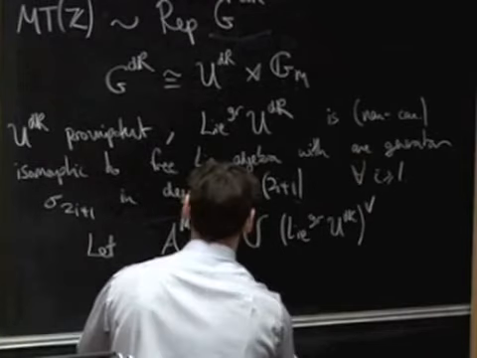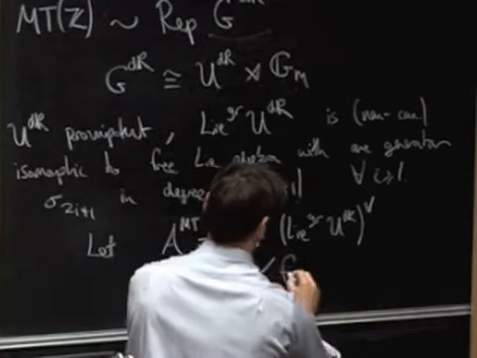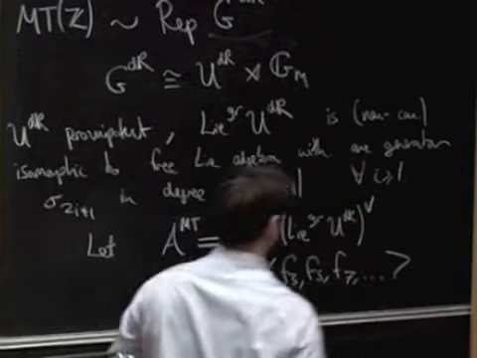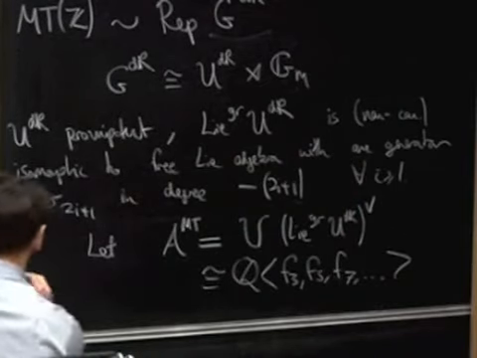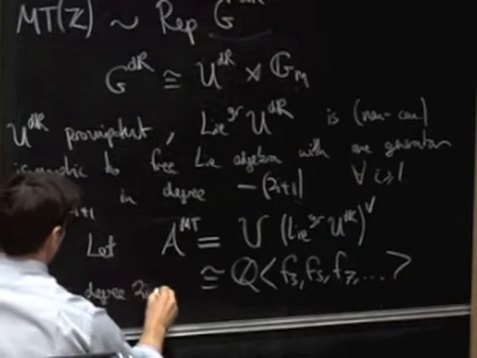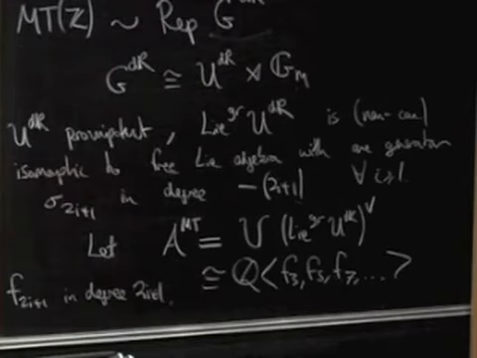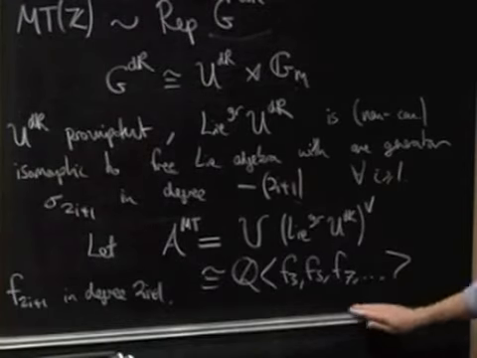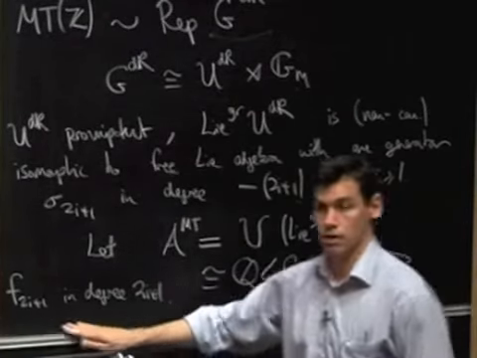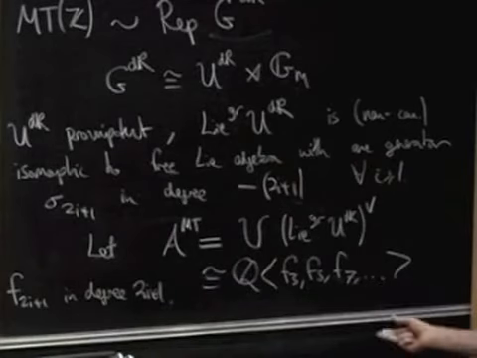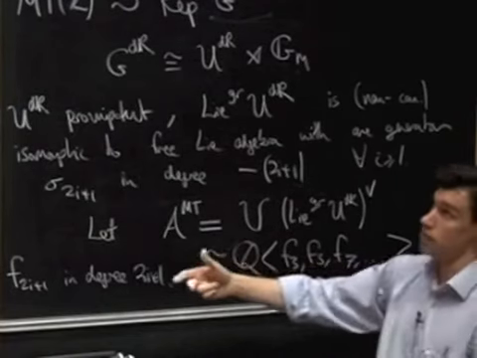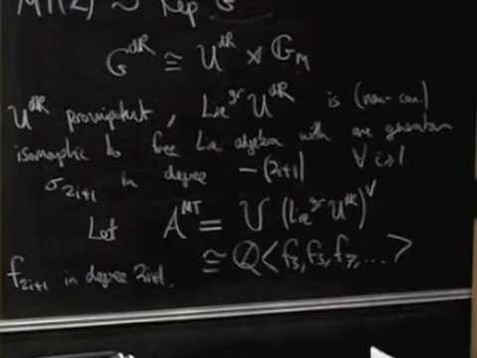By this description, it's something very concrete: it's just the free associative, non-commutative algebra on generators f_{2i+1} in degree 2i+1. As a vector space, the basis of this thing is the set of all words in these letters. We should think of these f_odds as corresponding to the single odd zeta values in some sense.